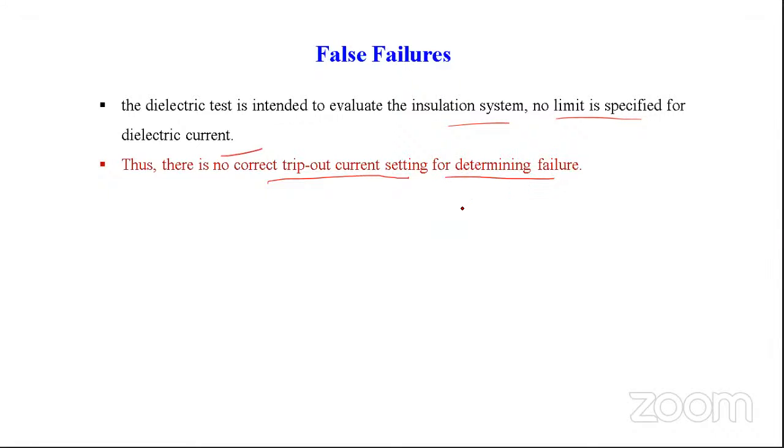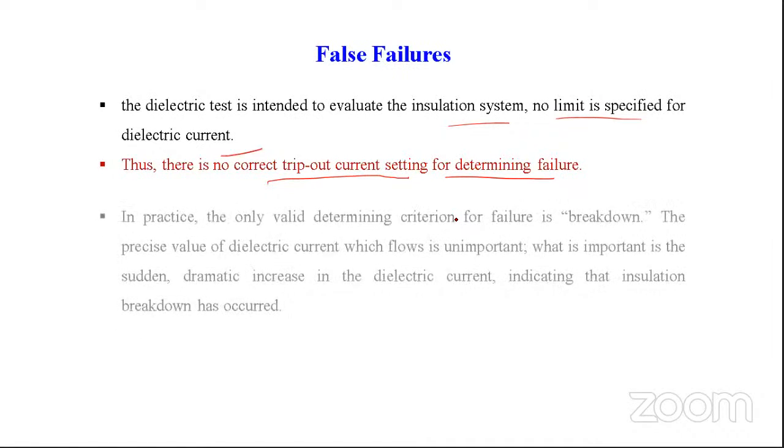From previous experience, if you know more or less that the insulating material breaks down at a certain voltage level, then according to that prior knowledge you can set the trip current in such a way that when the current exceeds the trip current value, it indicates breakdown. So prior knowledge or previous expertise is necessary for setting the trip circuit.